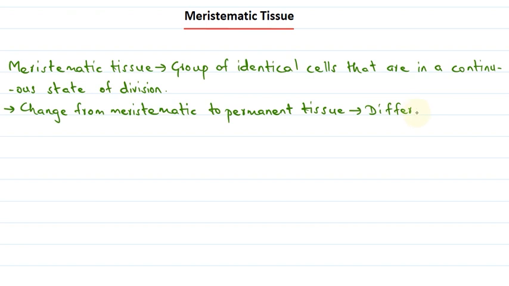So this is known as the process of differentiation. This happens when some cells that are produced by meristematic tissue stop dividing and they acquire certain changes that get converted into permanent tissue, and this process of change is known as differentiation. Now let's study about the characteristics of the meristematic tissues.